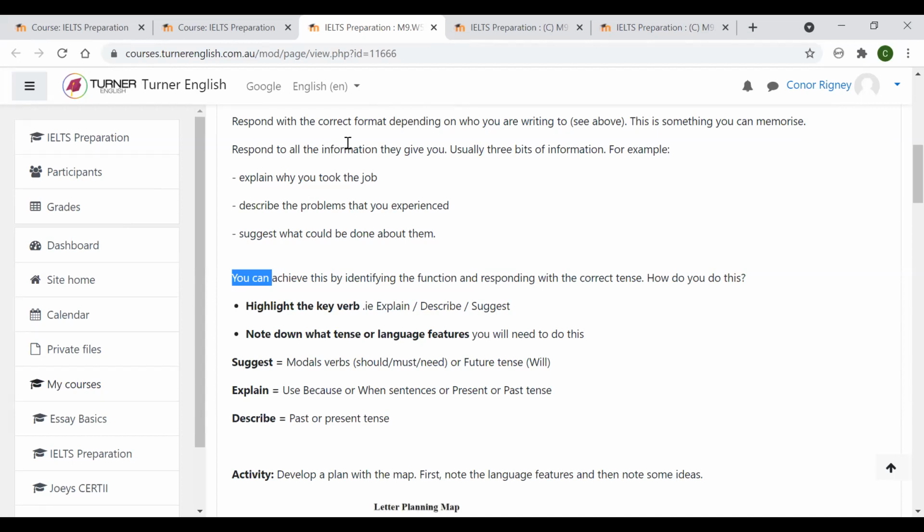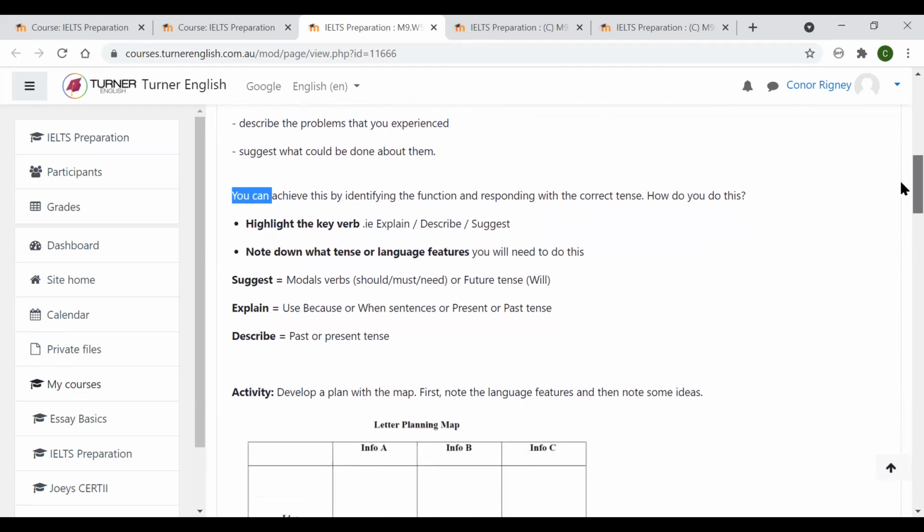Suggest: modal verbs should, must, need, or future tense will. Explain: use because or when sentences, or present or past tense. Describe: past or present tense. Activity: develop a plan with a map. First note the language features and then note some ideas. Okay, thank you, Leda.